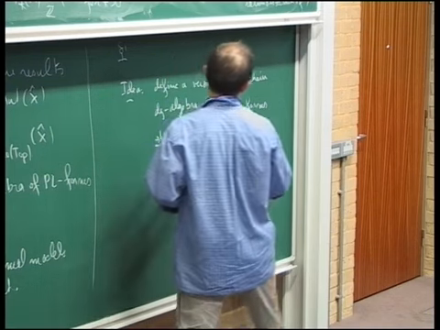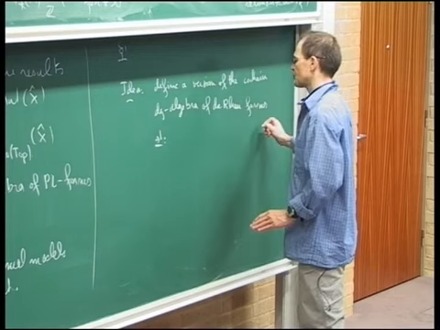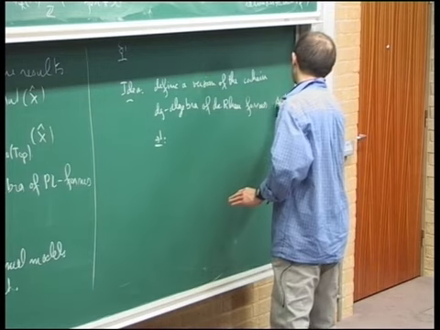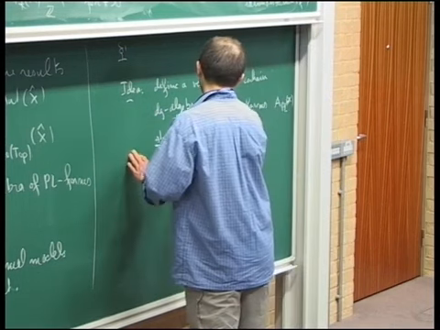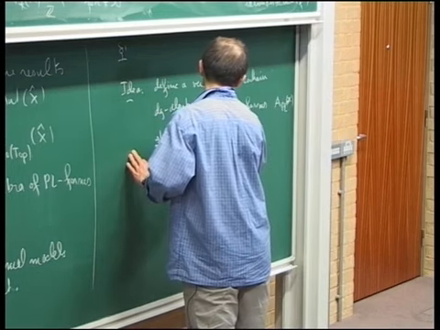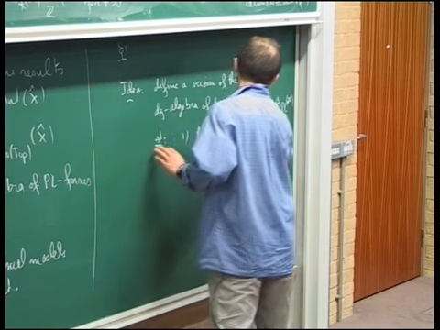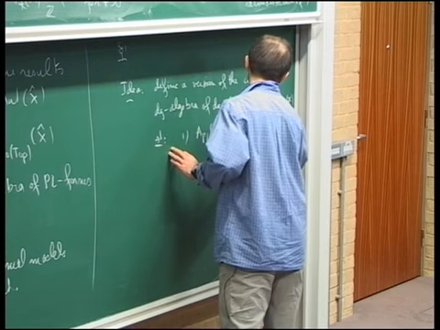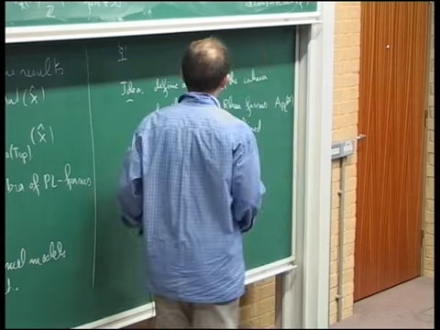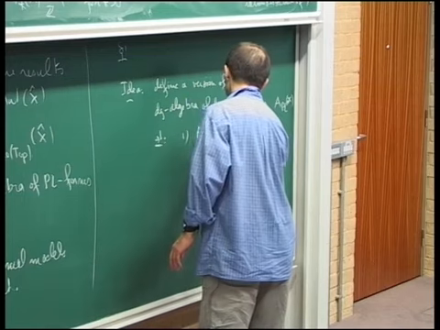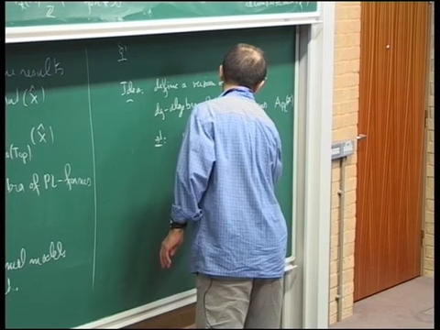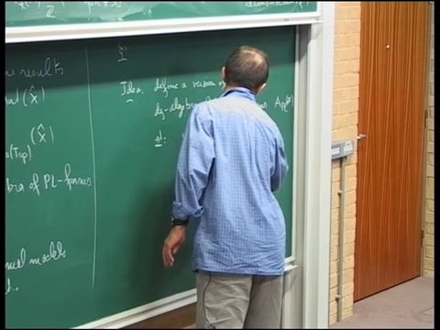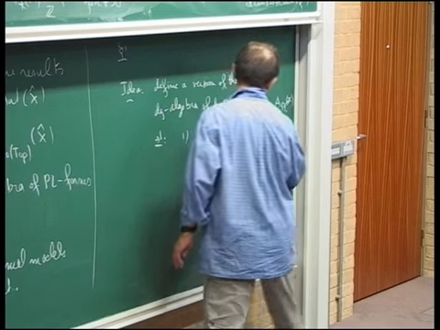So I will denote this cochain DG algebra by A_PL of X. So first point, A_PL is defined for all topological spaces, or rather simplicial sets.